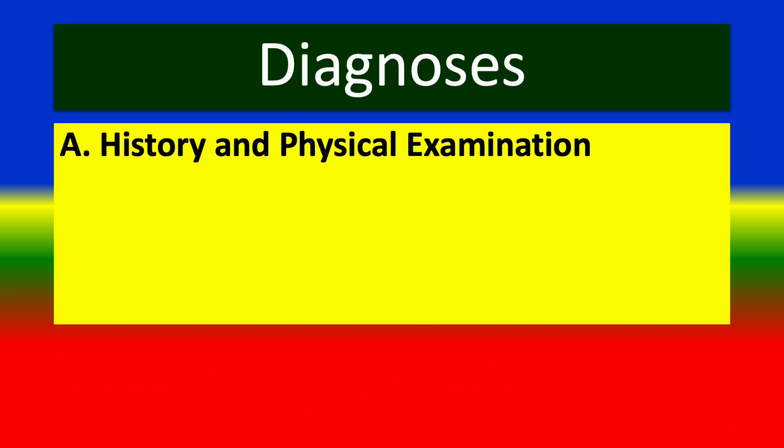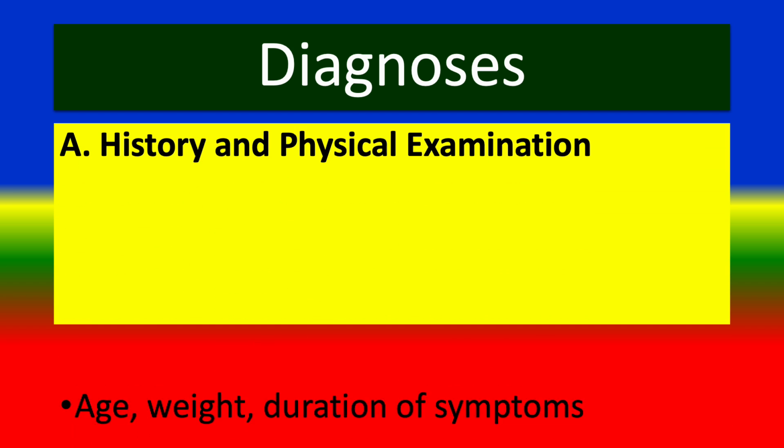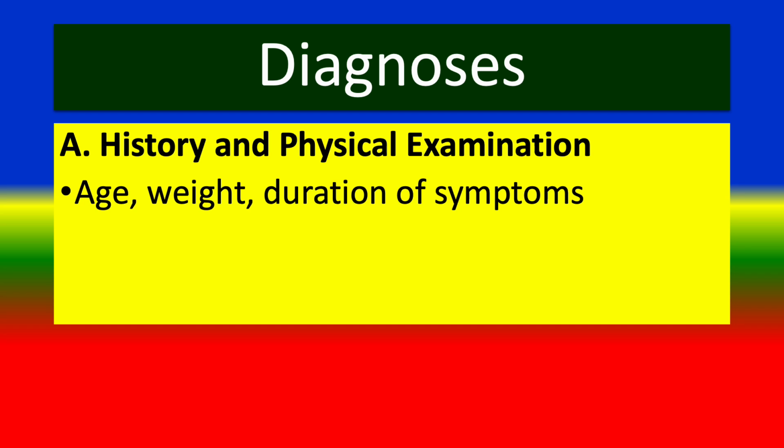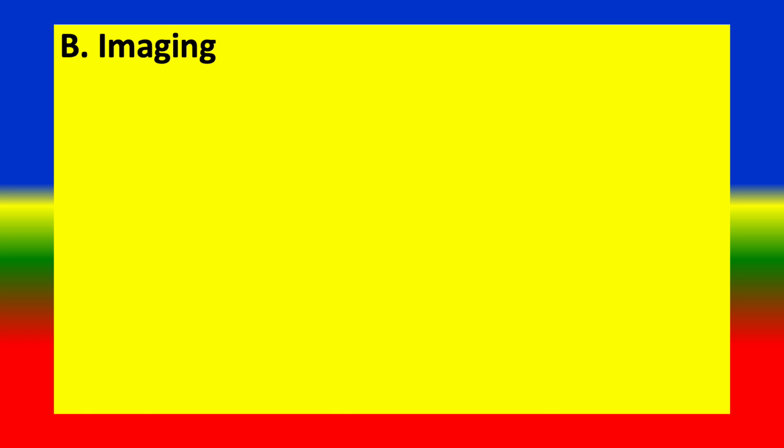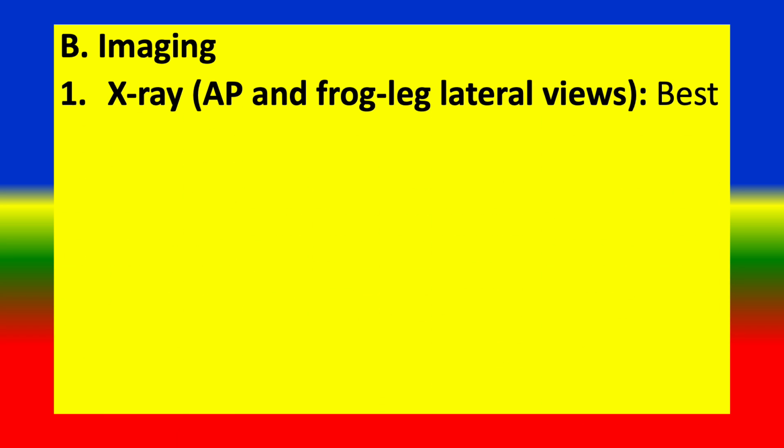Diagnosis. A. History and physical examination. Age, weight, duration of symptoms. Assessment of gait and hip range of motion. B. Imaging. 1. X-ray, AP and frog-leg lateral view.